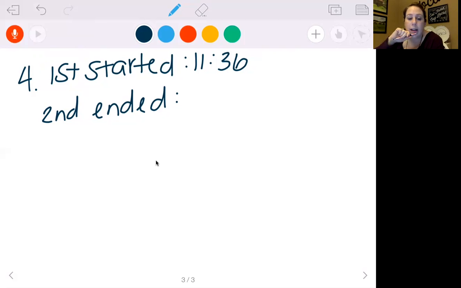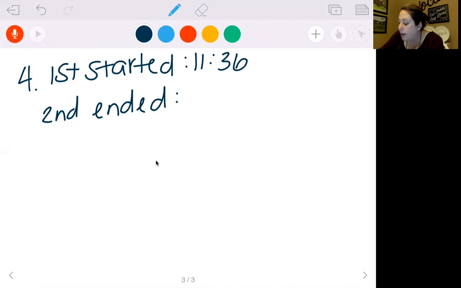Alexandria spoke with her aunt for 16 minutes, okay? So her aunt was 16 minutes. That was the first phone call. So we need to go from 11:36 and we need to count up 16 minutes. Let's count up 10 minutes first and get to 11:46. So that's 10 minutes.